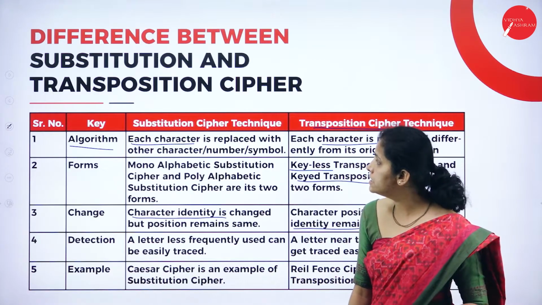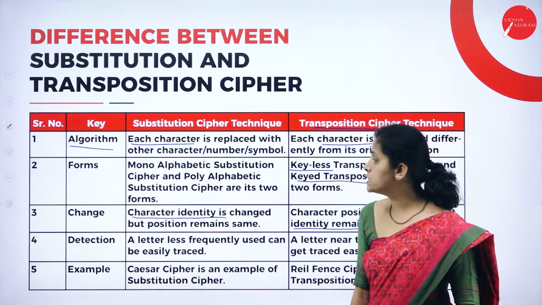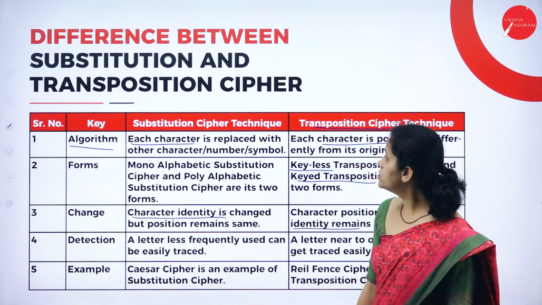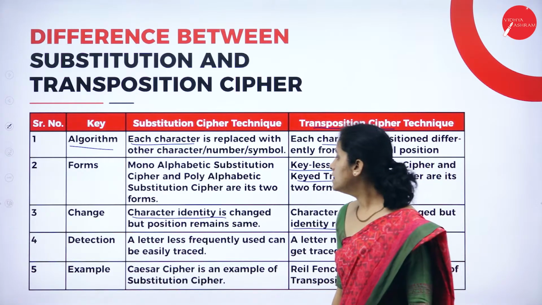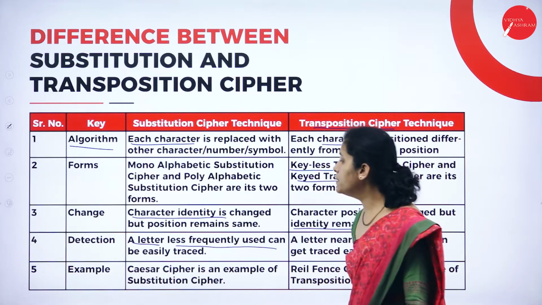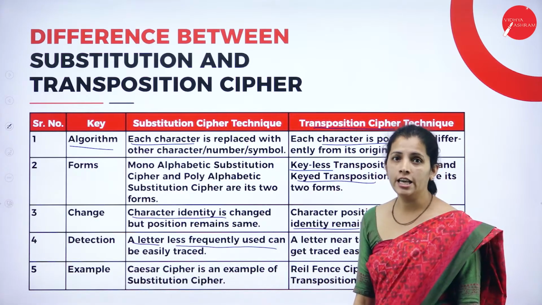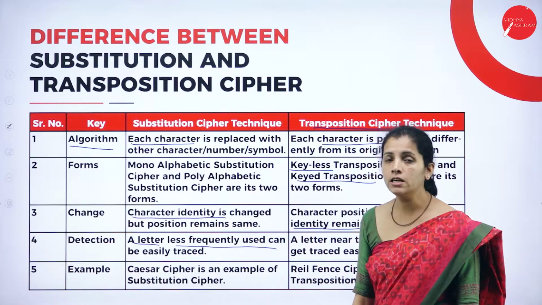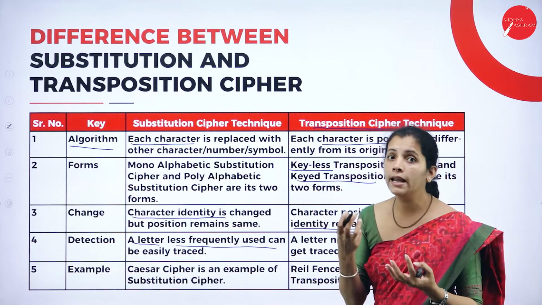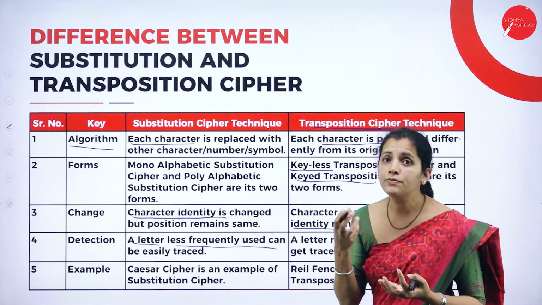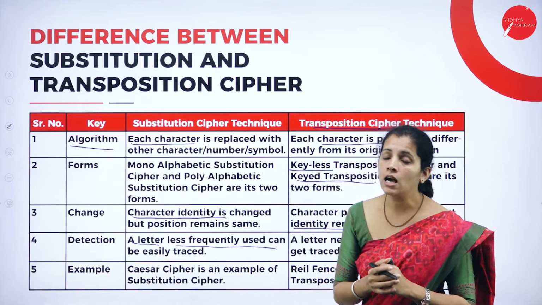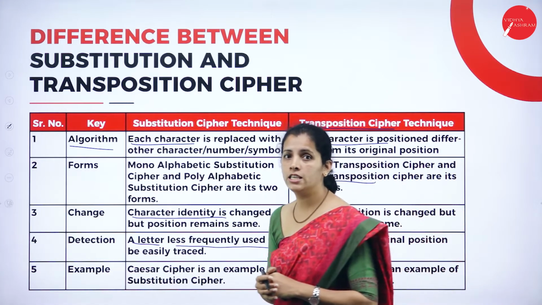And the next difference, with respect to detection: in the substitution cipher technique, a less frequently used letter can be easily traced. That means in the English language, some letters are less frequently used, and those kinds of letters are traced very easily.